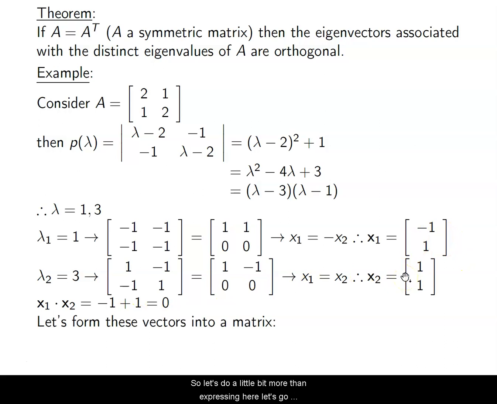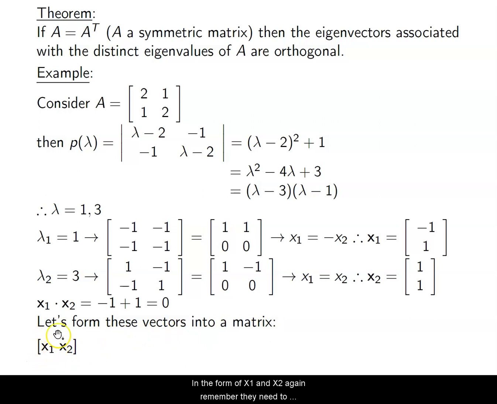Okay, so let's do a little bit more of an exploration here. Let's go ahead and take these and form them into a matrix, very much like we are going to diagonalize it, because that's actually what we're going to do. But we have some properties that pop out from here. So put these into a matrix in the form of x1 and x2.